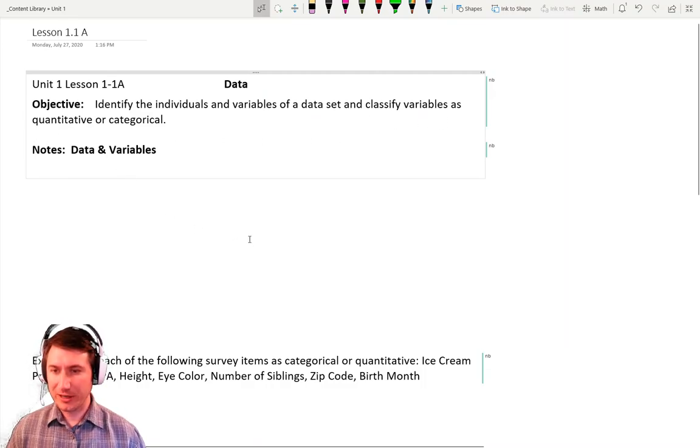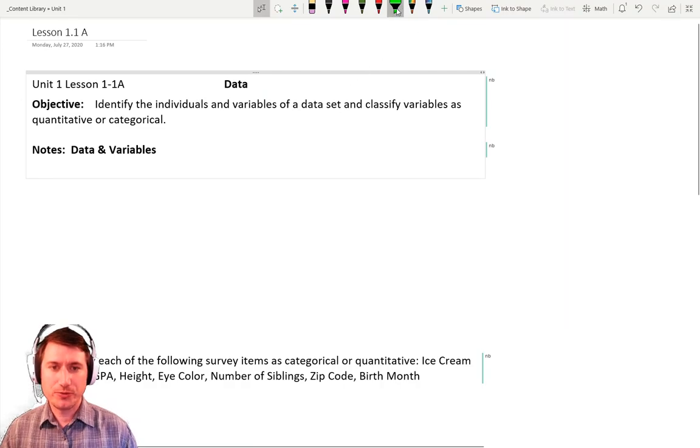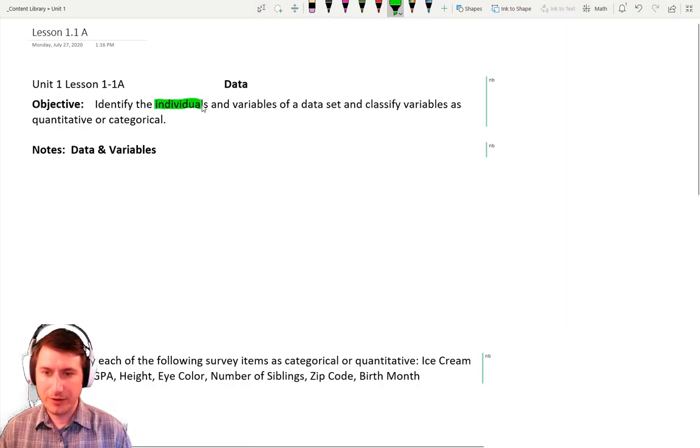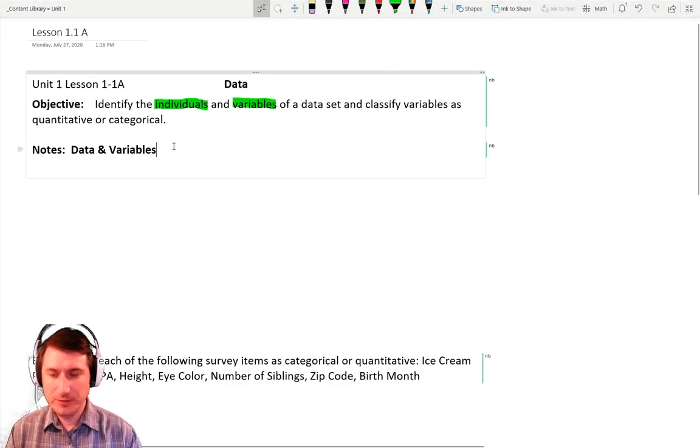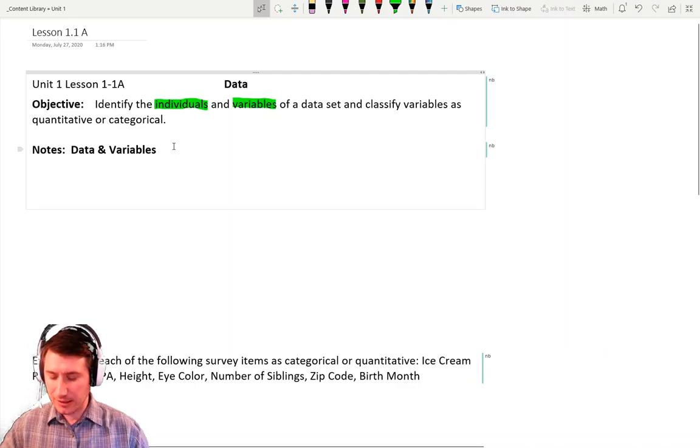So first, in a data set, you have the individuals and the variables. The individuals are simply the people you are asking a question of.